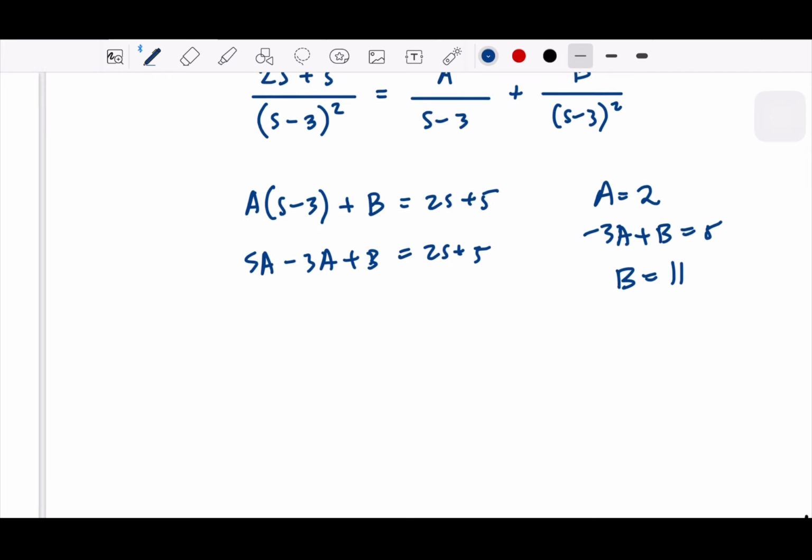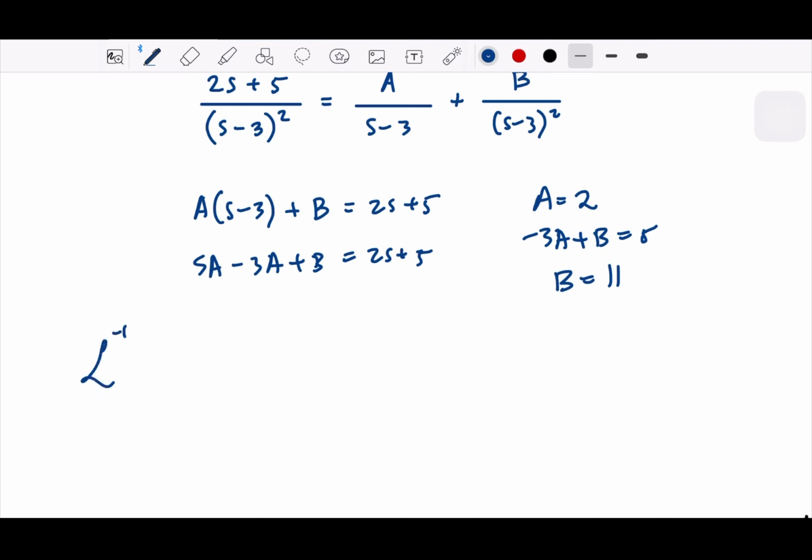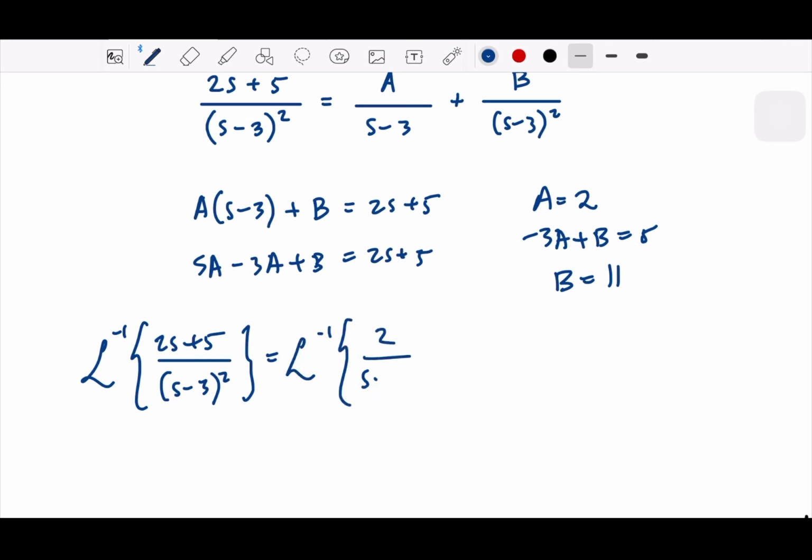So we could have the Laplace inverse of (2s plus 5) over (s minus 3) squared. Let me write it all together: the Laplace inverse of 2 over (s minus 3) plus 11 over (s minus 3) squared.